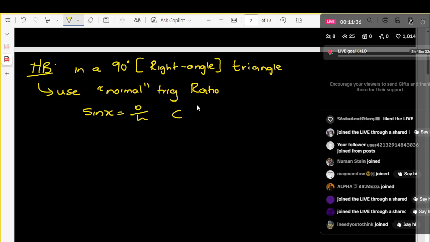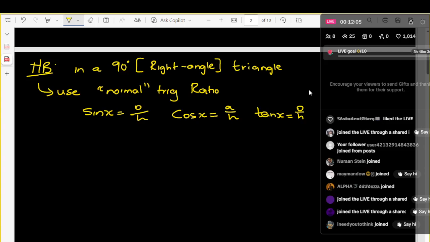The cos of x is equal to adjacent over hypotenuse, and then we have the tan. The tan of x is opposite over adjacent. These are the ones that you need to use if we are working with a right angle triangle.